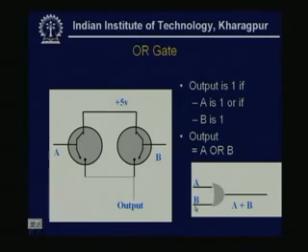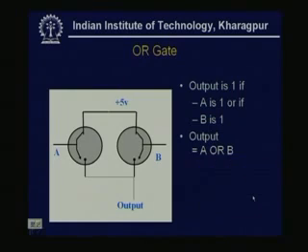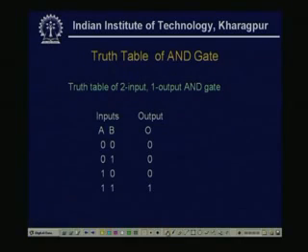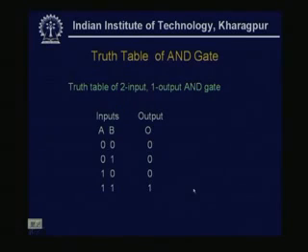The two inputs are A and B, and only one output, again this is a 2 input 1 output OR gate, and normally the notation is A plus B, and the AND gate is normally written as A dot B. So, for AND gate, A and B is A dot B, and for the OR gate this is A plus B.